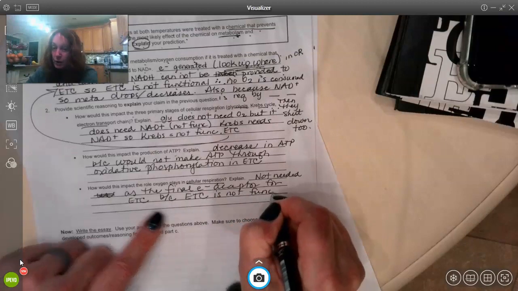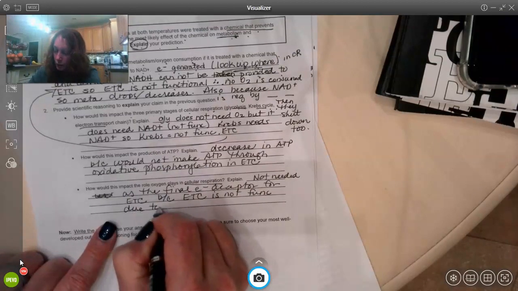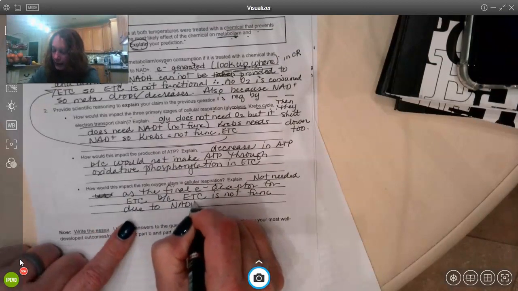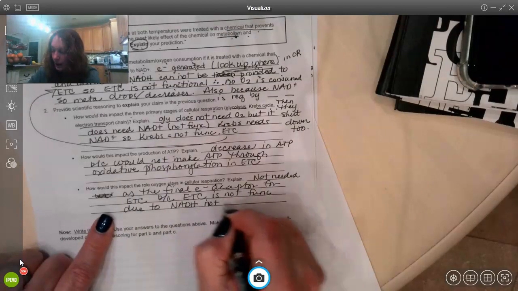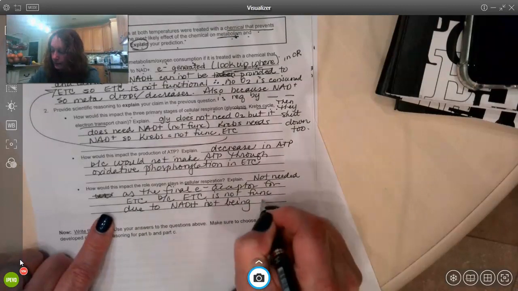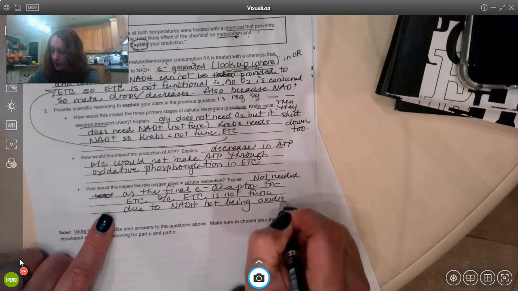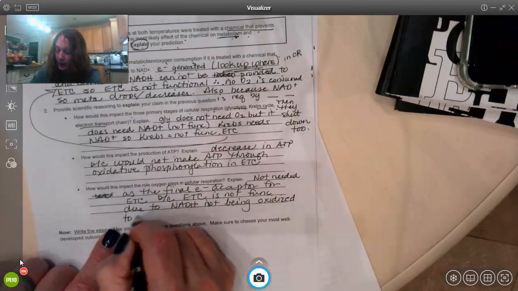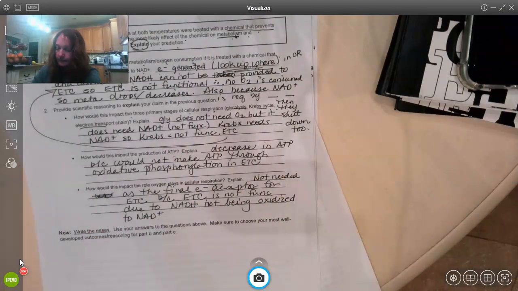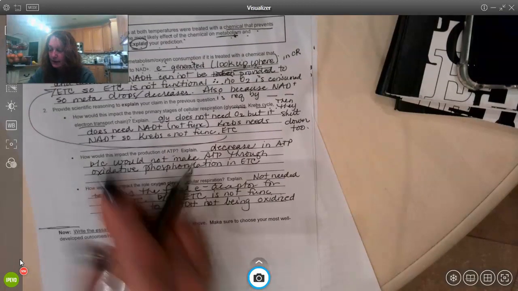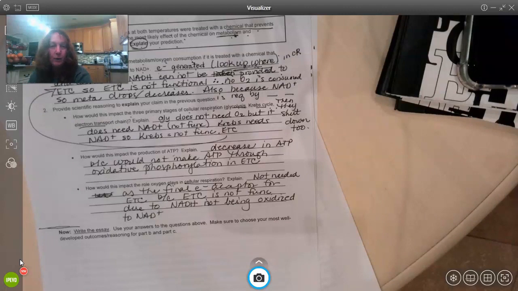You're going to repeat yourself a lot due to NADH not being oxidized, which just means I'm going to drop my electrons off to NAD. Okay? That's it. And then here it says take all this mess, write it correctly.